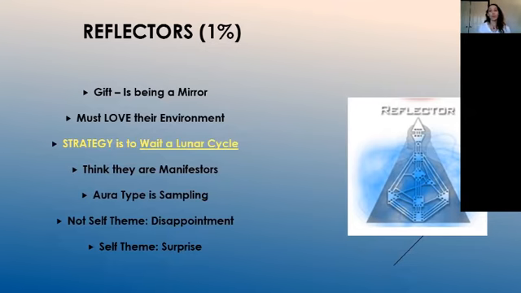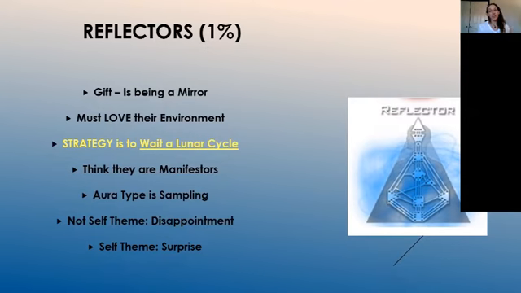Their nickname within the human design system is the canary in the coal mine, which means that they're kind of like the one that you can take and put into a situation and see how they're doing. And if they're happy, that means things are good. And if they're not, then it's like, ooh, okay, we better change some things. Reflectors have to love the environment that they're in.